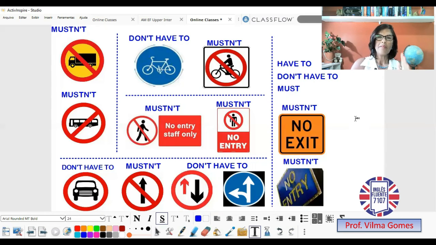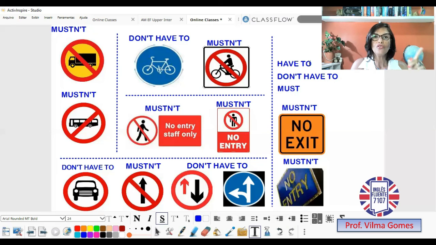Então, mais uma vez aqui eu tenho uma lição. Então, vocês estão começando a perceber? Mustn't is for what? Prohibition, isn't it? Very good. And have to. Olha que interessante. You have a mustn't here. So when you find here a prohibition, no entry, no exit, what do you have to do? What is your obligation?